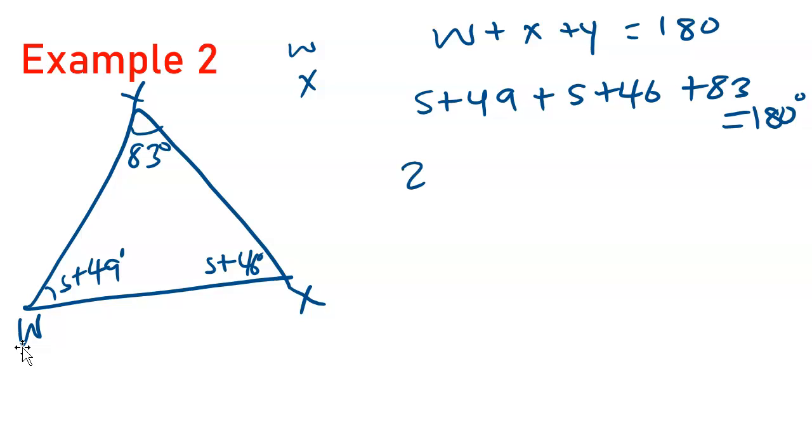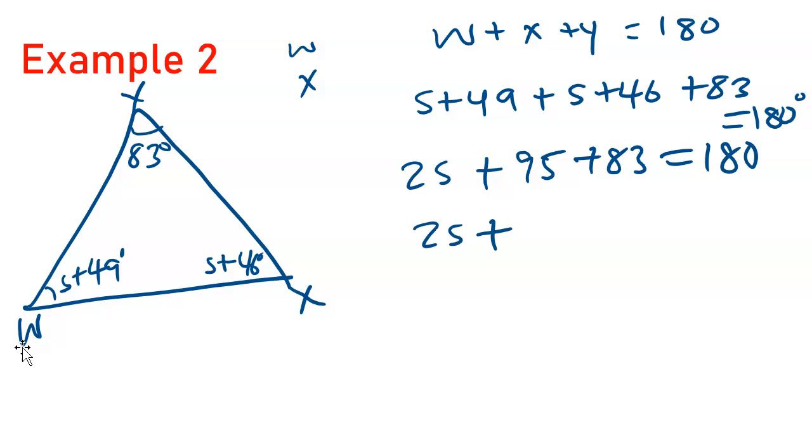S plus S is 2S, plus 49 plus 46, that is, I believe, 95, plus 83 as well, is equal to 180 degrees. So 2S plus 95 plus 83 gives me 178 degrees, is equal to 180.